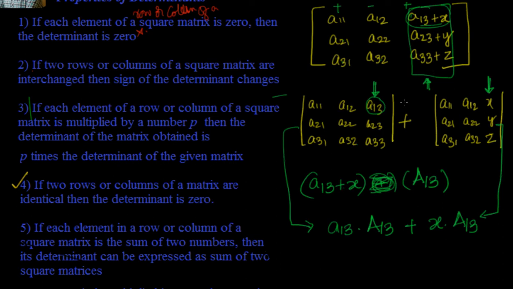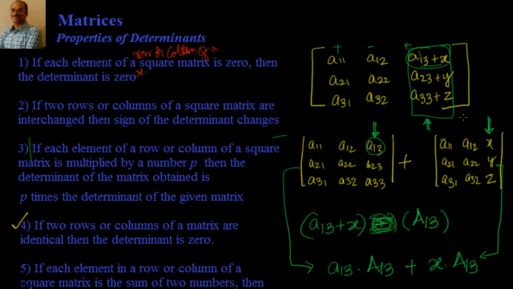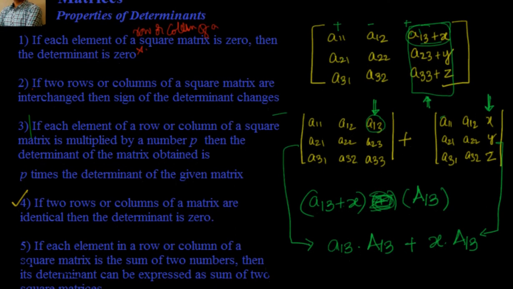The third column of the first matrix will be the first part of it. The third column of the second matrix will be the second part of it. Remaining columns remain the same. I hope you understood that. If not, just try it out. By expanding it, you will see that it clearly works out.